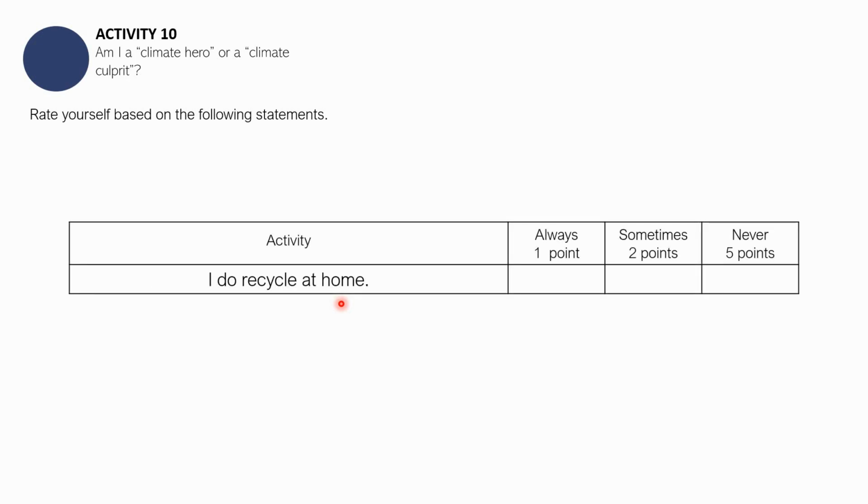Next is, do you recycle at home? So, do you know what we mean about recycling? My mom is a plantita, and when she plants seeds, of course, she needs a small pot.